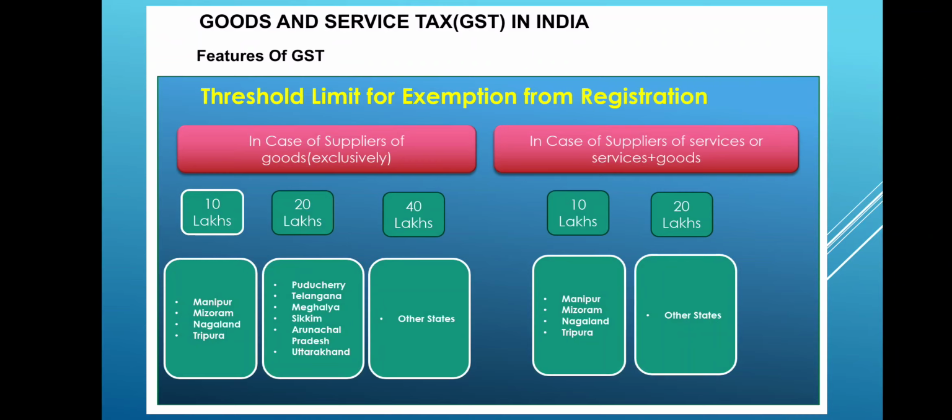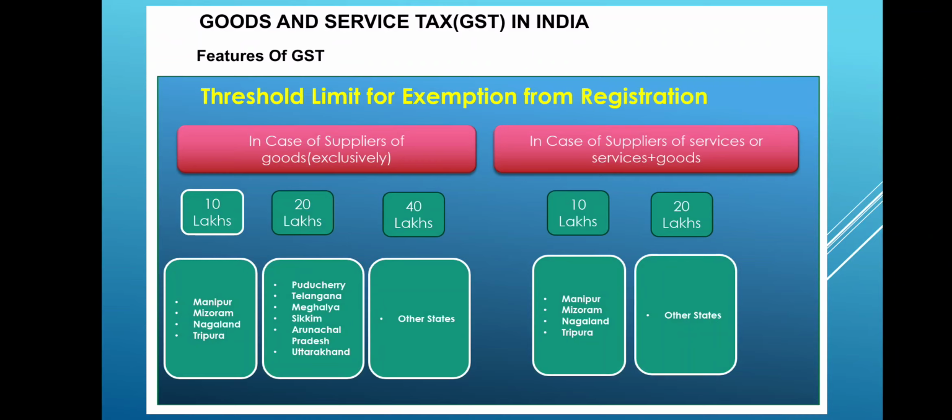That means if his aggregate turnover is below 10 lakhs, then he is not required to register himself under the GST. But in case of other states like Puducherry, Telangana, Meghalaya, Sikkim, Arunachal Pradesh, and Uttarakhand, if aggregate turnover of a person is below 20 lakhs, then he is not required to register himself under the GST.